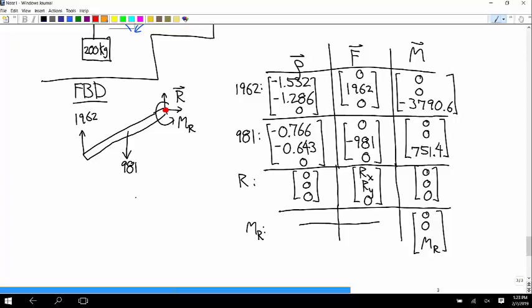And notice that you're never going to have any z components on your forces, so we can forget about those. And you're only going to have z components on your moments, so you can forget about the others. And now we'll put this stuff into Newton's laws.